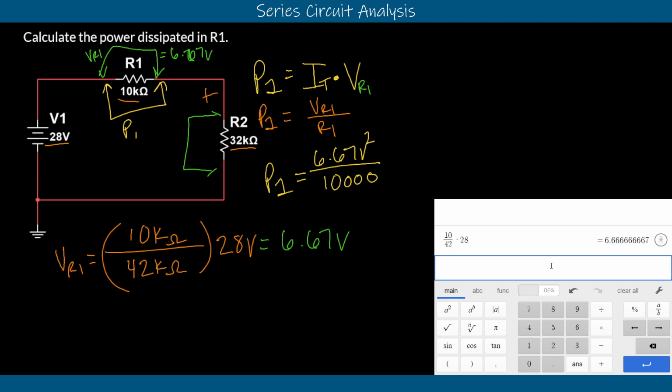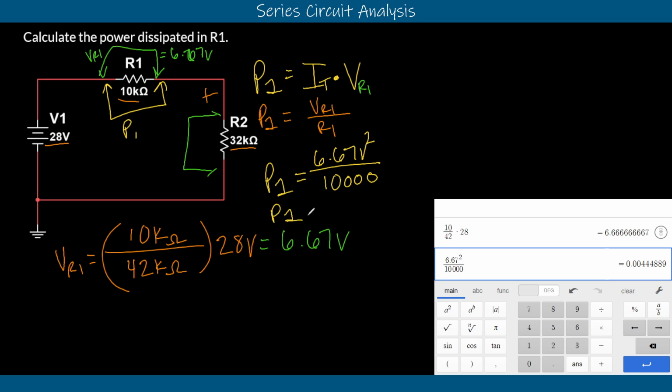We'll solve that out and we'll say that we have 6.67 squared for our voltage divided by 10,000. That gives us a small little value here, so we'll plug that in. We'll say that we have a P1 equal to 0.00445. We can move that over 1, 2, 3 spots here, and that's going to give us P1. Final answer is equal to 4.45 milliwatts.